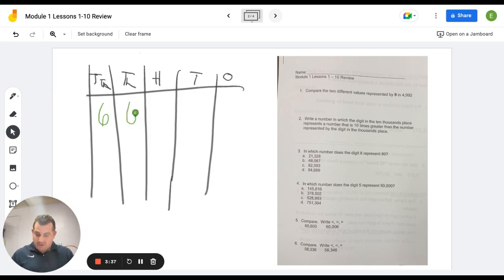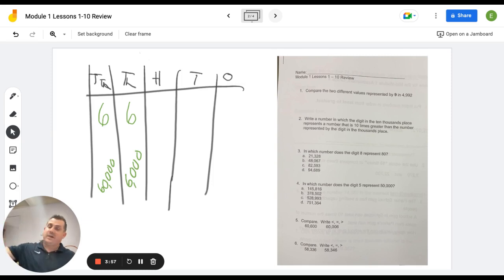Well, if I have a 6 in the 10,000s place, that's going to be worth 60,000. And a 6 in the thousands place is going to be worth 6,000. That is 10 times as much.